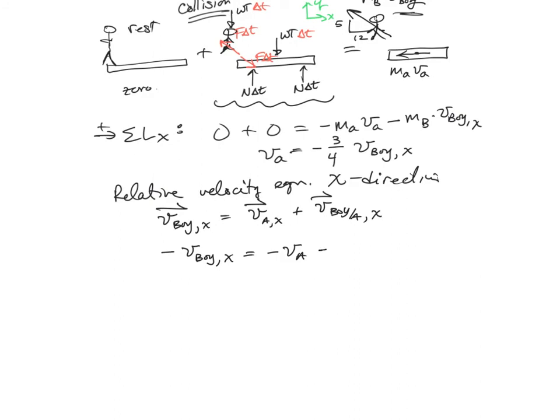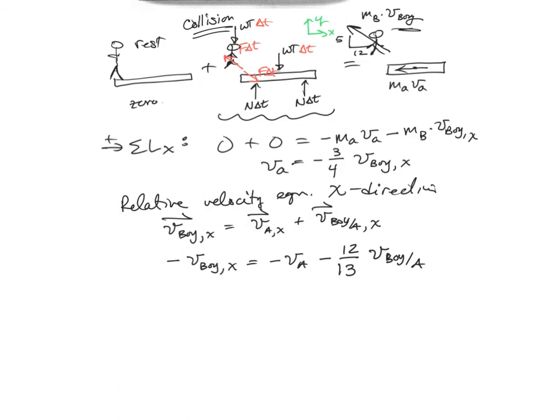So we'd end up with minus just a fraction of it, V boy with respect to A. And so we now have an equation, and we're going to plug in right here, take our answer that we got for the velocity of A. That goes in right there.